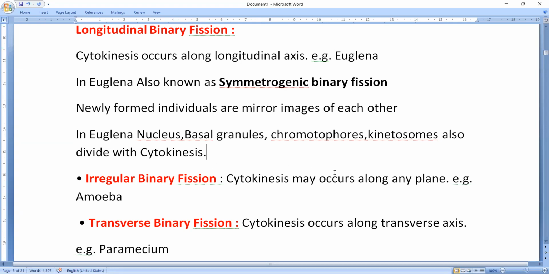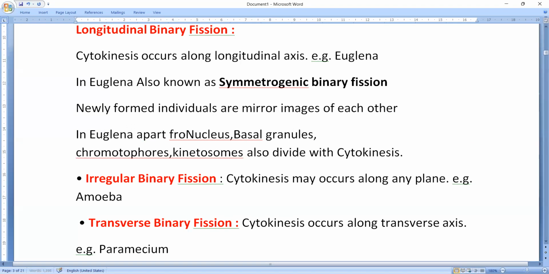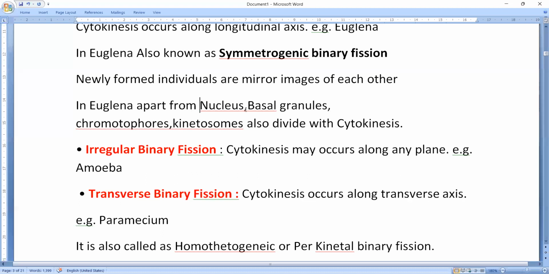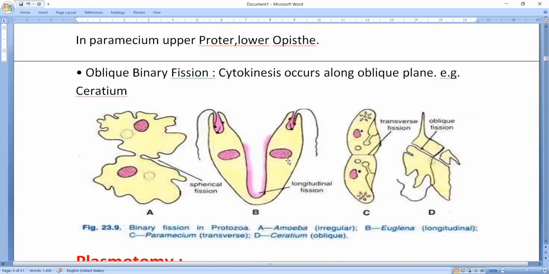And there is another important point. In Euglena, apart from the nucleus, basal granules, chromatophores, and kinetosomes also divide along with cytokinesis. If you observe the cell, there are different parts present in the cytoplasm.